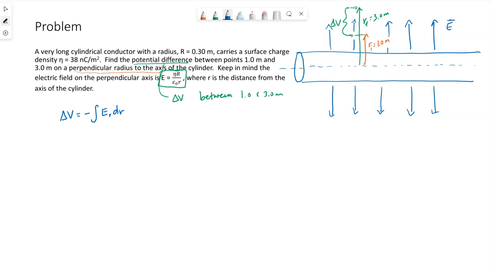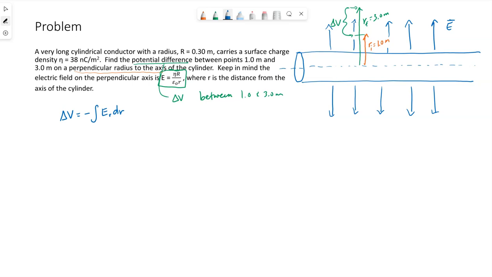I'm not drawing the arrows near the ends of the cylinder because this equation for electric field would have been derived from Gauss's law, and Gauss's law applies in the central region, essentially. Having a very long cylinder implies we're looking in a central region, not near the ends of the cylinder.